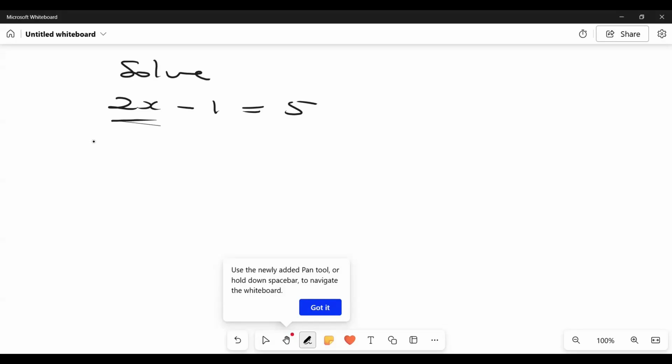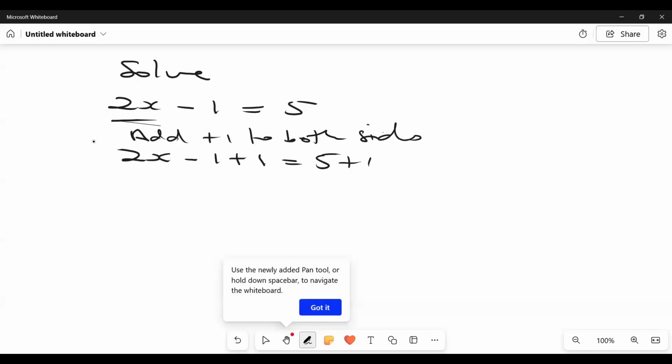So we want to get rid of this minus 1. So what do we do? We simply add 1 to both sides, right? Add positive 1 to both sides, right? So these two are going to become 0. You end up with 2x equal to 6.